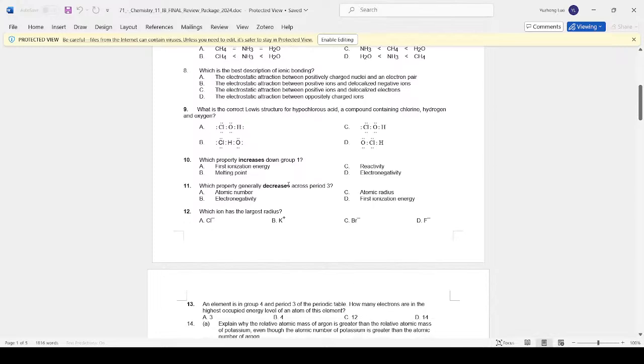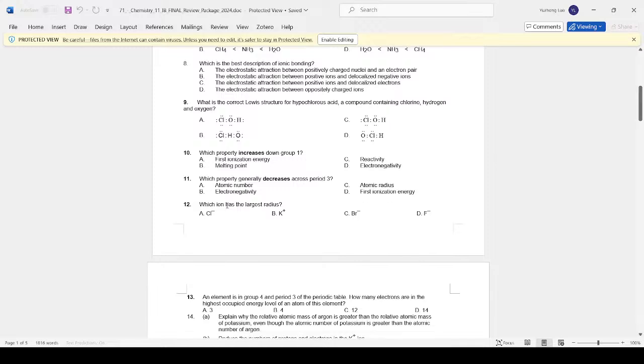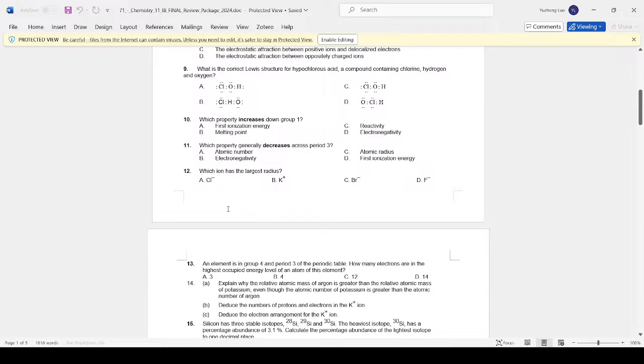Trying to increase this down group 1. Reactivity. Generally decreases across period 3. Atomic radius decreases, right? Yeah. Which ion has the largest radius?